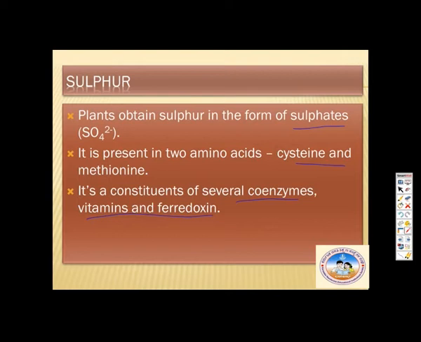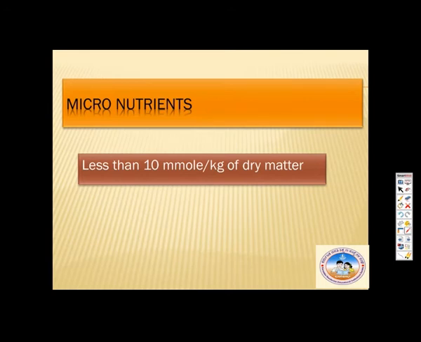The first one is iron. Usually iron is taken up in the form of ferric ions, so plants absorb iron especially in the ferric ion form.